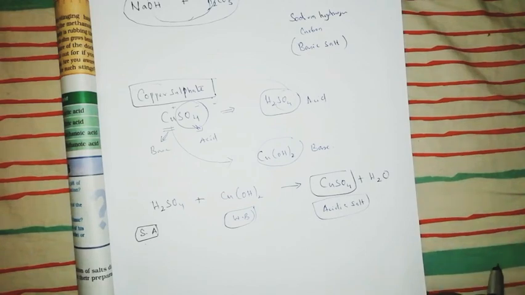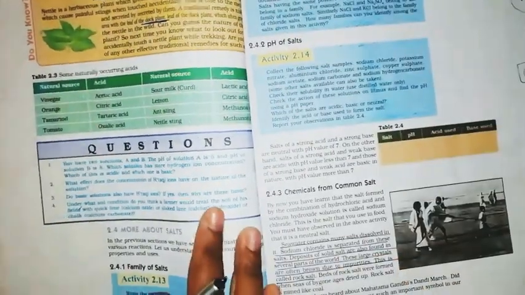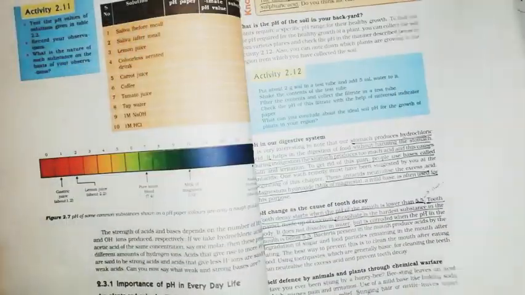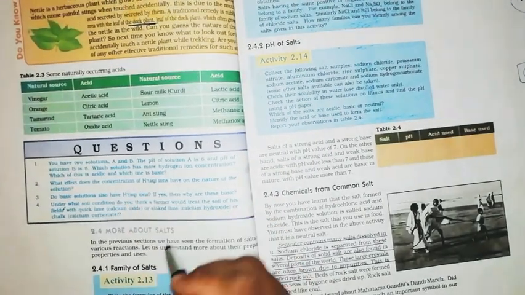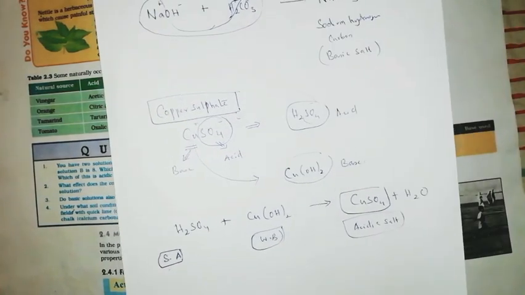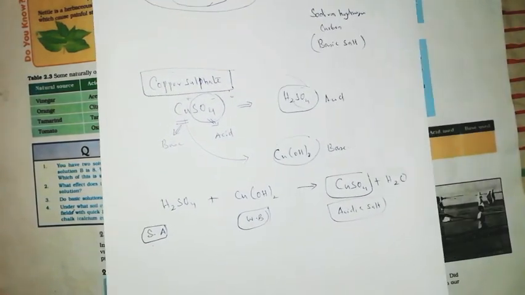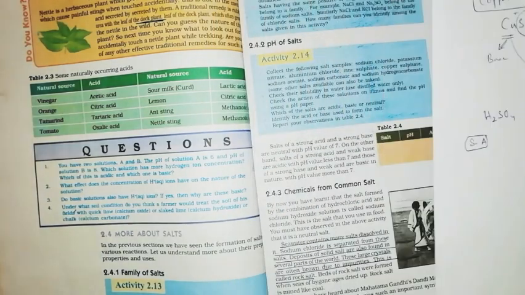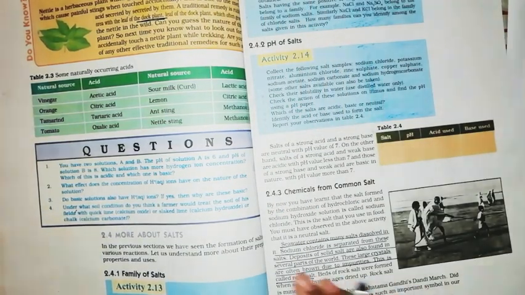Understand? Okay, students. Today we learned about the importance of pH in our day-to-day life activities, and also we learned about salts and the family of salts. Clear? If you have any doubt on this topic, please ask questions through my personal WhatsApp number.